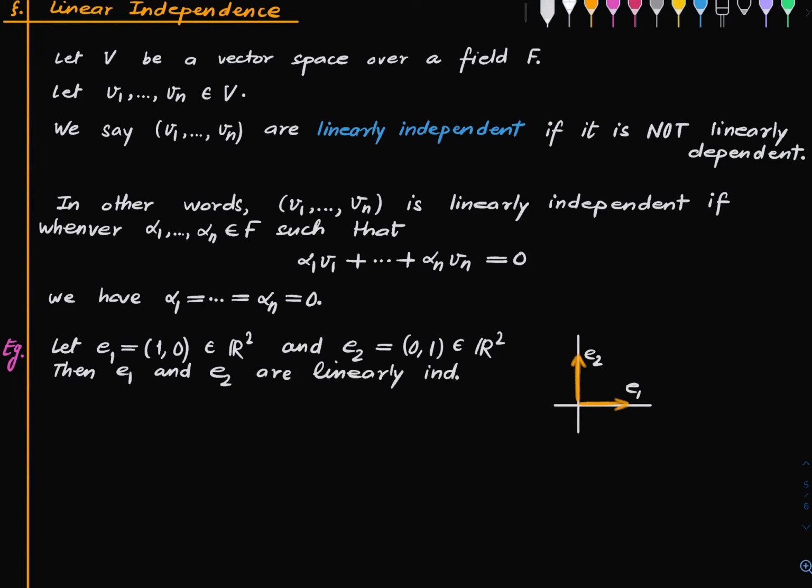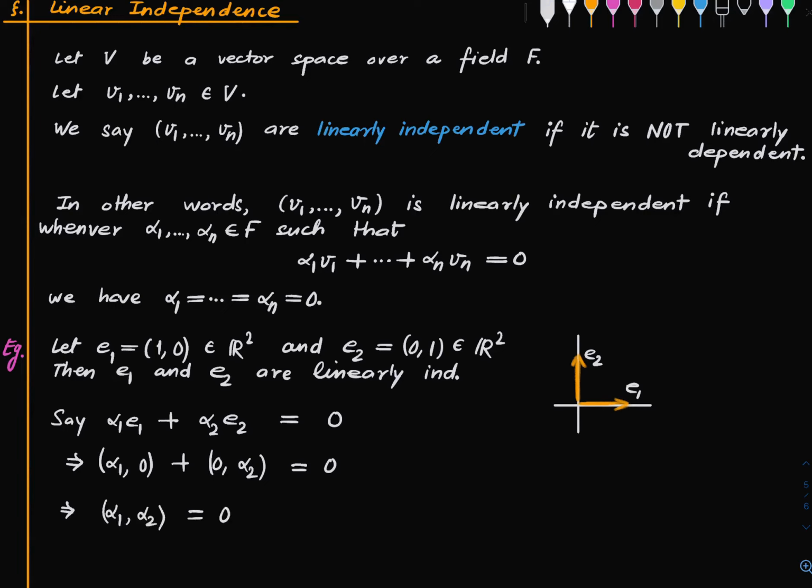How do you show this? To show this, suppose there is a linear combination that vanishes. So say alpha 1 E1 plus alpha 2 E2 is 0. Which means alpha 1, 0 plus 0, alpha 2 is 0. Which by definition of addition in R2 is the same as saying alpha 1, alpha 2 is 0.